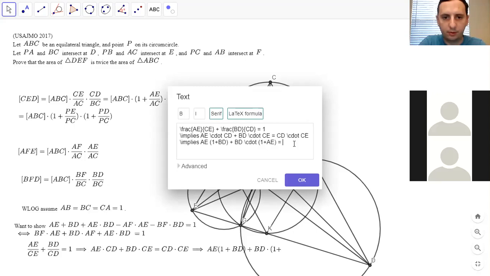Is equal to CD, which is 1 plus BD times 1 plus AE.